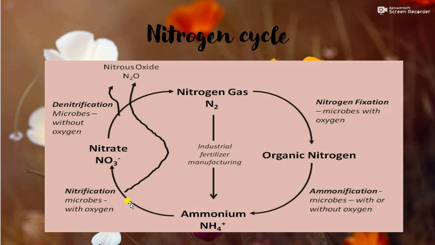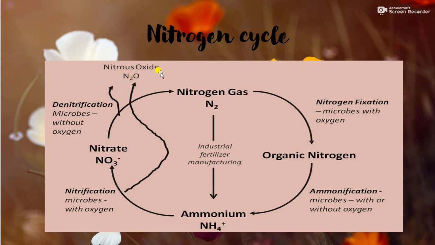And then nitrifying microorganisms will work on ammonia, producing nitrite and nitrate, and this nitrate can go into the organism. By the process of denitrification, this will be released, and nitrogen gas comes out, or sometimes nitrous oxide is also released with the help of microbes. So that will also be available in the atmosphere.